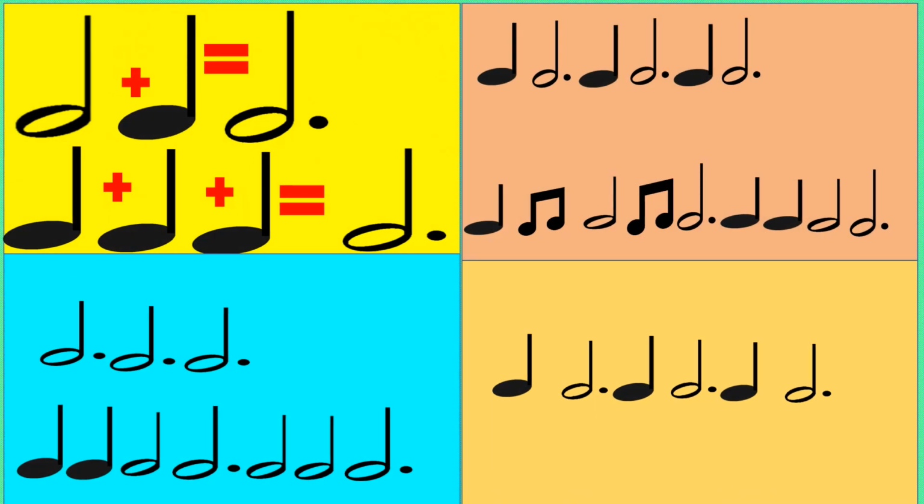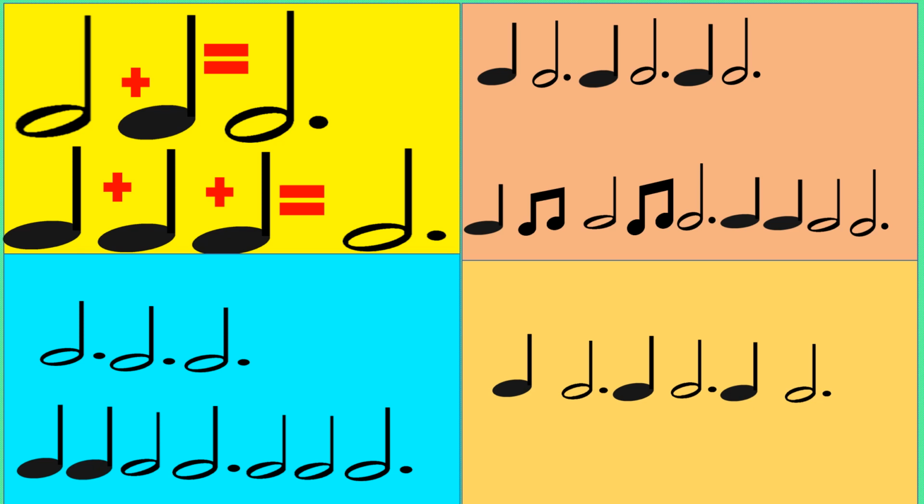Now you can see one minim plus 1 crotchet will give us a dotted minim, because this dot represents half of the note. Now this dot is representing the crotchet. So 3 crotchets form a dotted minim. You count 1, 2, 3.